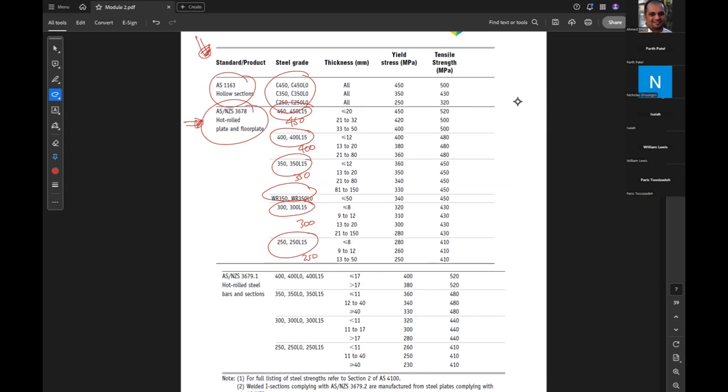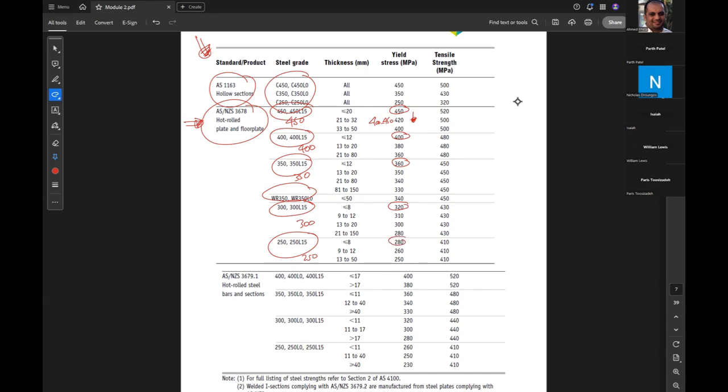For example, grade 450 means that the yield strength is 450, and in some cases, because when the thickness increases they reduce the strength a little bit, it ranges between 400 and 450 based on the thickness. Grade 400, so again 400 yield; grade 350 is 360; 300 is 320; 250 is 280.